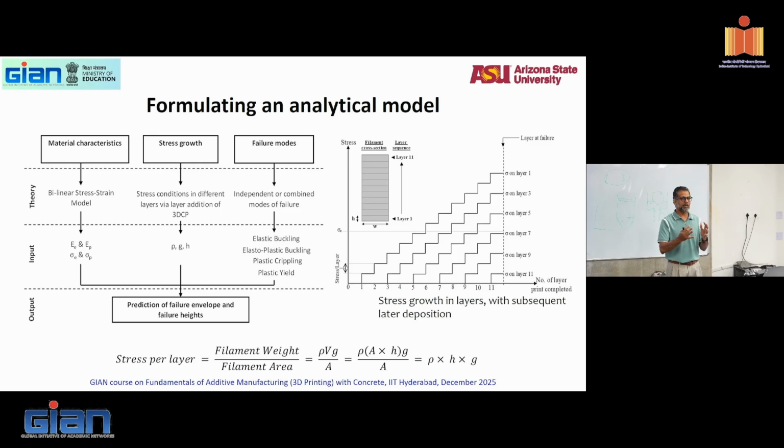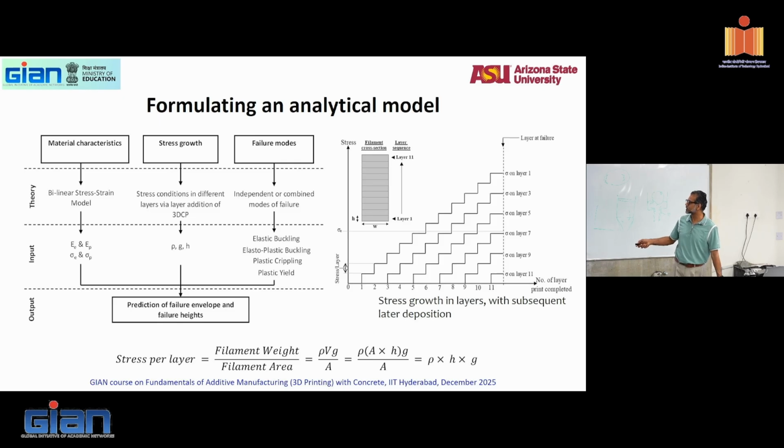If there is plastic loading also, or you have crossed the elastic limit, you can have elastoplastic buckling. Very similar idea. You can have plastic crippling, and then you have plastic yield. Basically, it is just yielding from the bottom, spreading out and not being stable. So those are the four modes of failure that we considered.